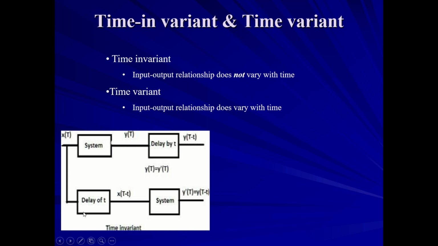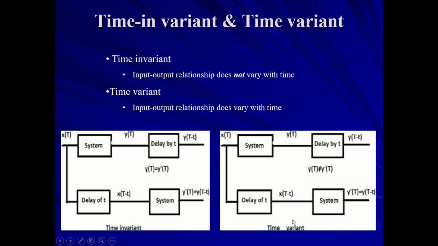In the second path, we first delay the input by t samples, so x of t minus t applied to the system gives y dash of t, which is equal to y of t minus t. When the result y of t minus t in the first case and the second case are the same, the system is said to be a time invariant system. That means the input and output relationship does not vary with time.